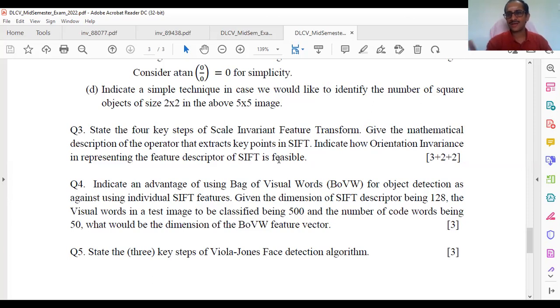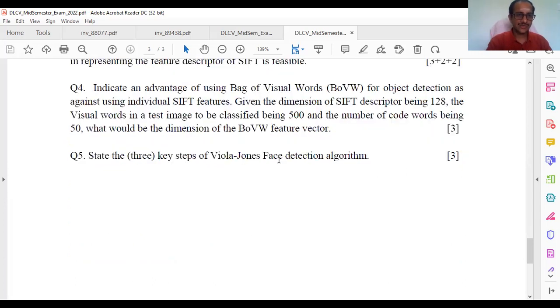So whether the key point is oriented this way or that way, you will get the same HOG vector describing the key point. That value of the dominant orientation is also stored, and while matching, it can also be used if necessary. I think some of you have written that.